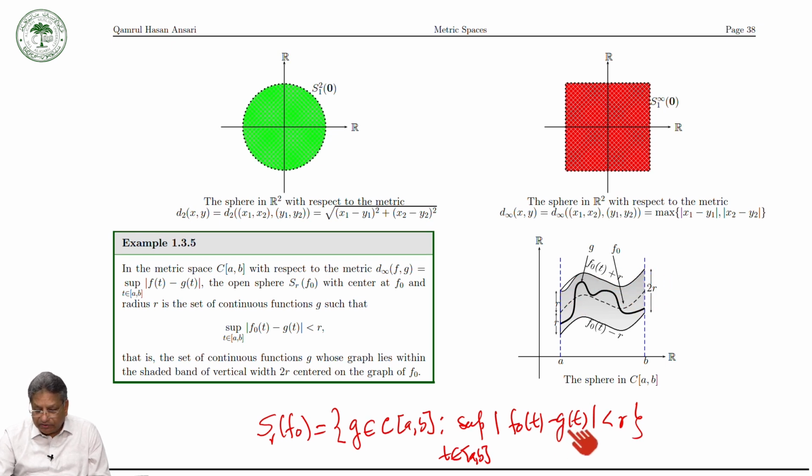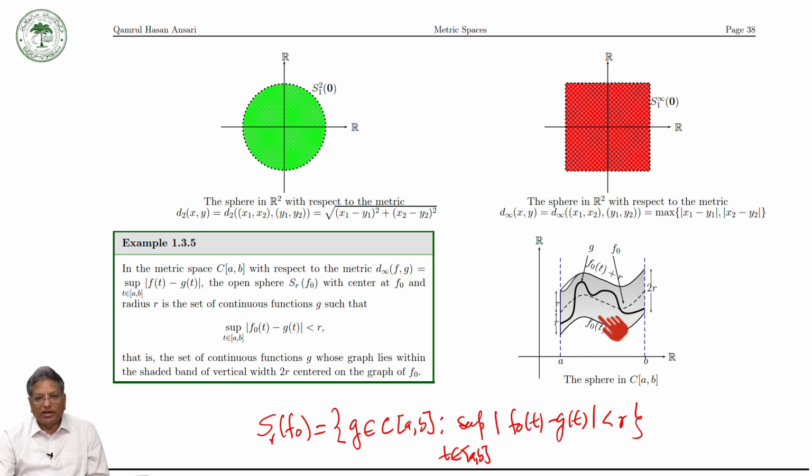It means all the continuous functions g whose graph lies within the shaded band of vertical width 2r. So any continuous function like this g within this shaded band is in the open sphere with center at f naught and radius r.